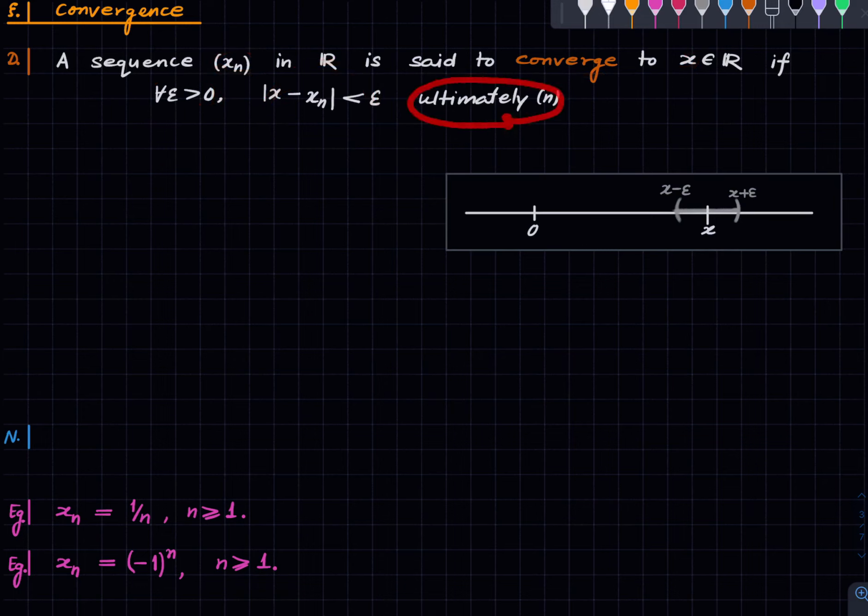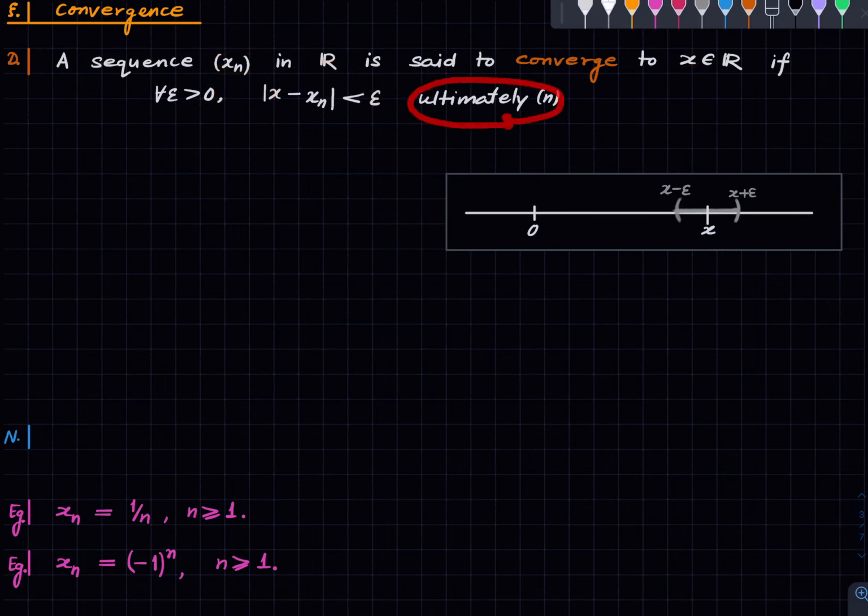Okay, what about this guy? That guy does not converge. So we want to say that then xn does not converge. Right? So why is this?